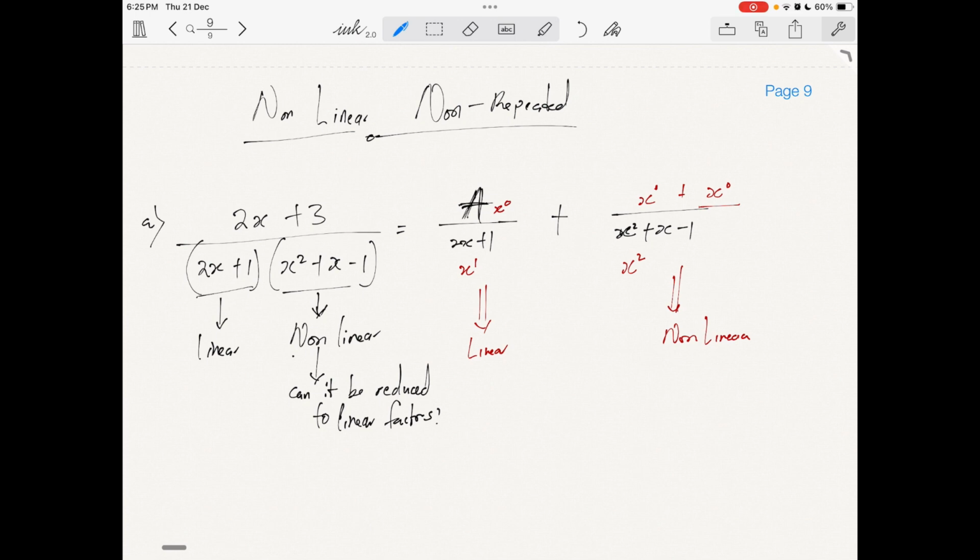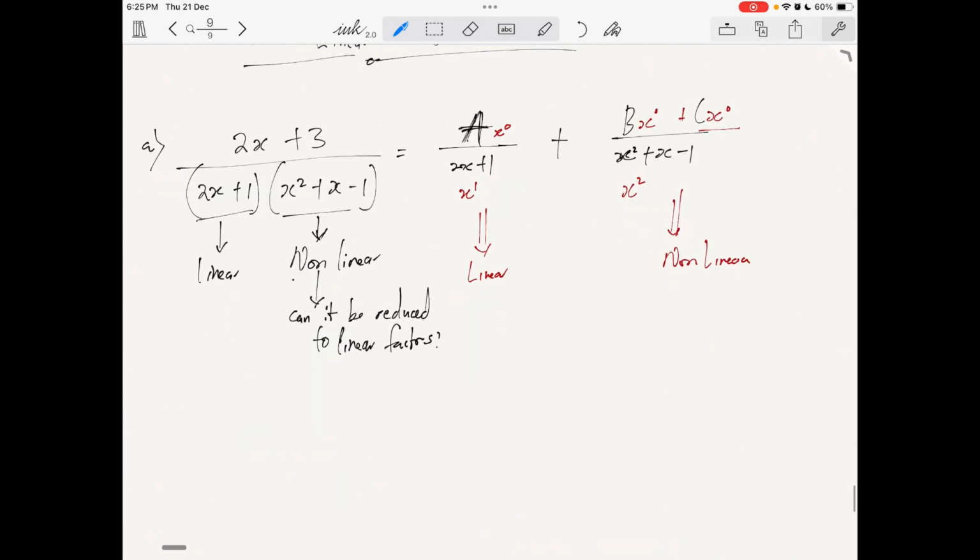Now we can start with B and C. So that means we have A, x raised to power 0 is 1, so that's A into (2x plus 1), plus (Bx plus C) into (x squared plus x minus 1).